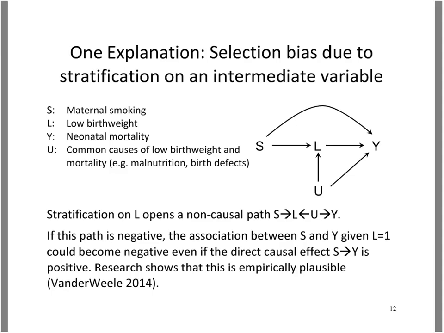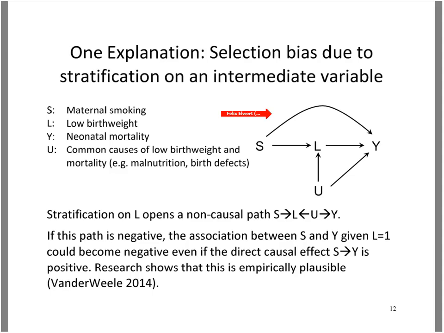It has a spurious component. Now, if this path that we've just opened up is negative, then the association between smoking and neonatal mortality, given low birth weight, could become negative even if the true direct causal effect of S on Y is, in fact, positive.